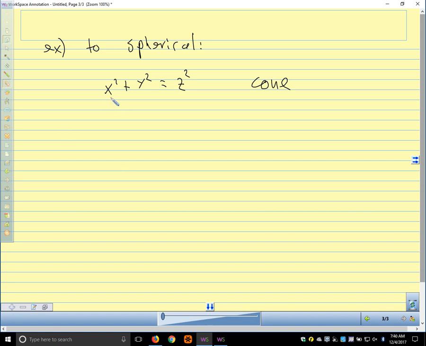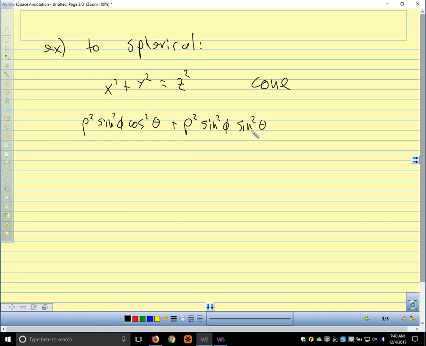Let's do our conversions. X squared is rho squared sine squared phi cosine squared theta, plus rho squared sine squared phi sine squared theta, equals rho squared cosine squared theta.